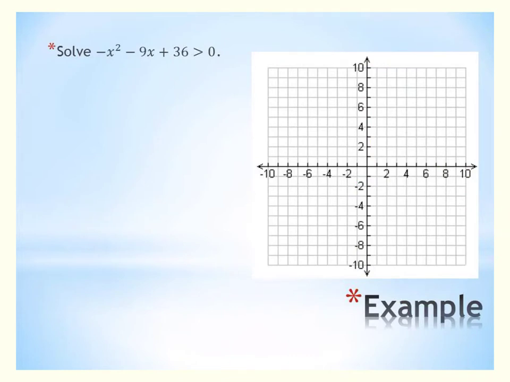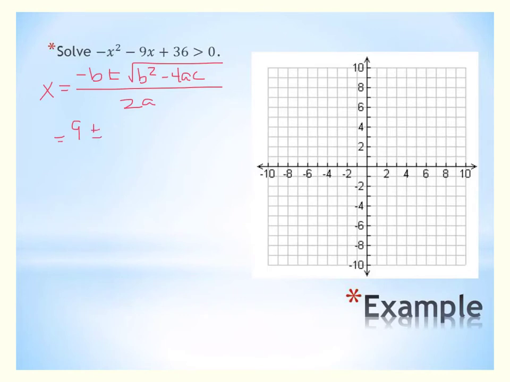Okay, let's do one more because I know these can be kind of odd. All right, so let's just start with our quadratic formula, because again, this time I have a negative a. So I'm going to write it out, negative b plus or minus the square root of b squared minus 4ac all over 2a. So remember, your first step is just to graph these.